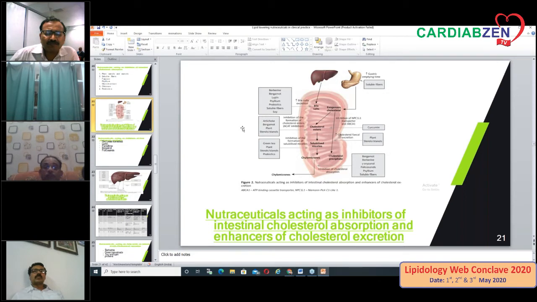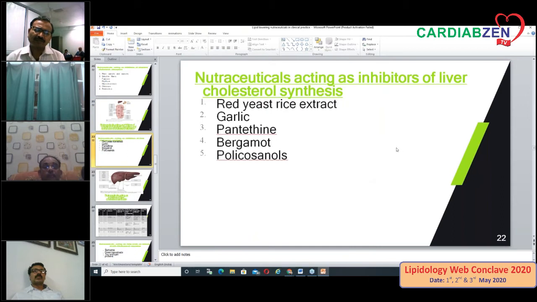And of course, the complex carbohydrates can also reduce the absorption of cholesterol and have their effects at multiple positions. So this is how your nutraceutical can fix the cholesterol synthesis as well as its harmful effects on the body.